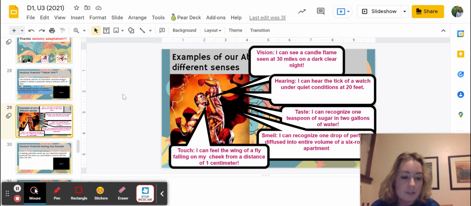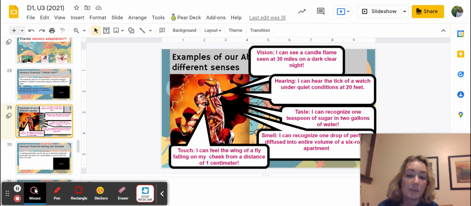So we have absolute thresholds for all our senses. For vision, maybe it's seeing a candle flame 30 miles away on a dark, clear night. That's the minimum amount that you could see. At 31 miles, it's too light, you can't pick it up. Hearing the tick of a watch under quiet conditions when it's 20 feet away from you. If it was 21 feet away, maybe you wouldn't hear it.